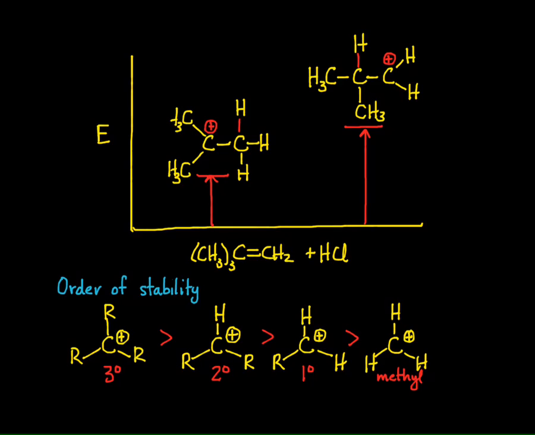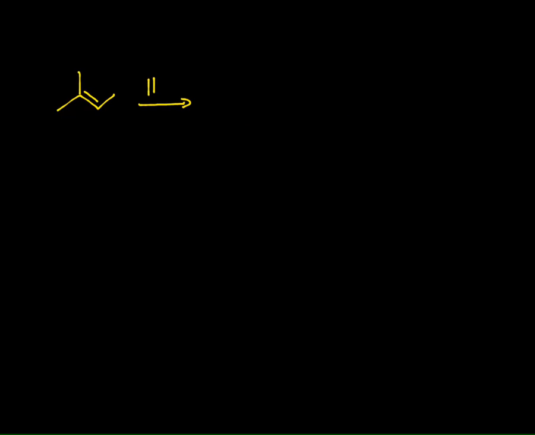And therefore, if we can predict what type of carbocations are going to be formed as intermediates, then we can predict the products that are going to be formed in those reactions. And so let's look at a couple of examples here.